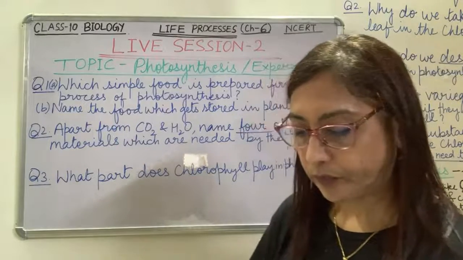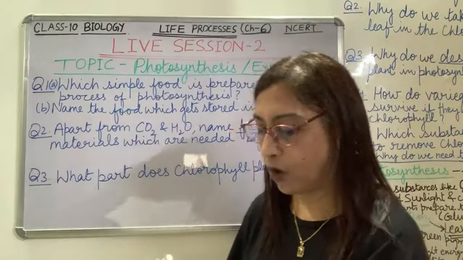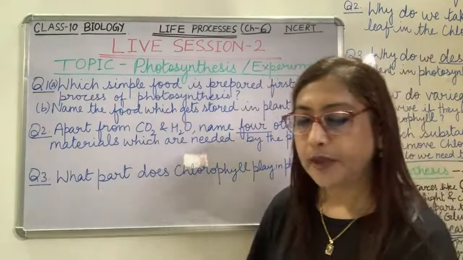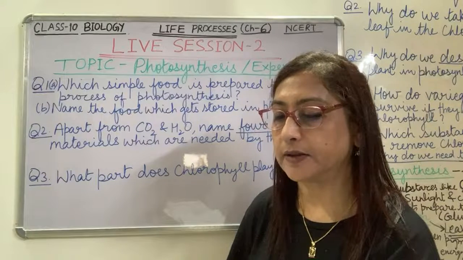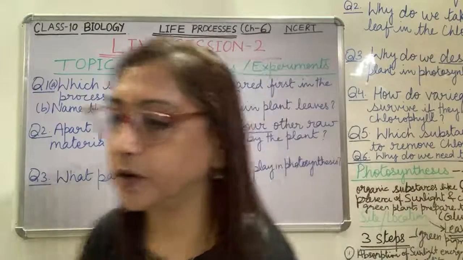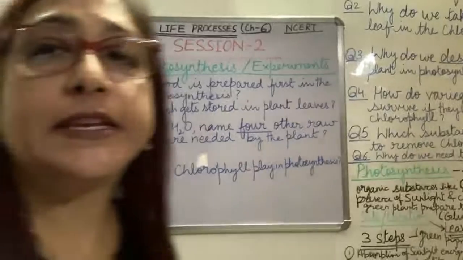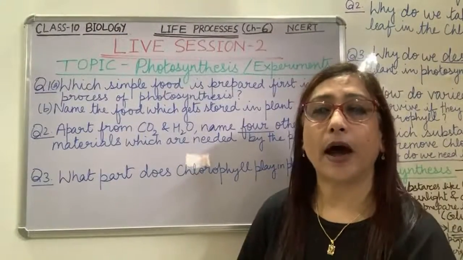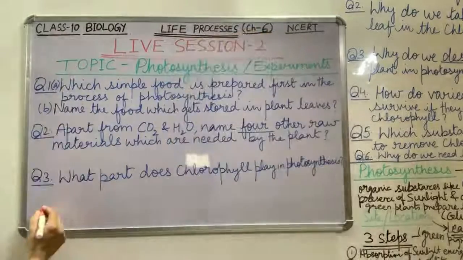So the second question of your NCERT book on page 101 is, where do plants get each of the raw materials required for photosynthesis? Children, do you remember the raw materials that are required for photosynthesis? Let me write down here on the board.